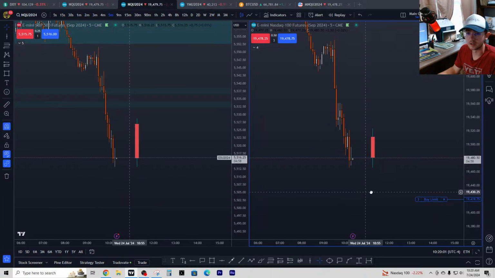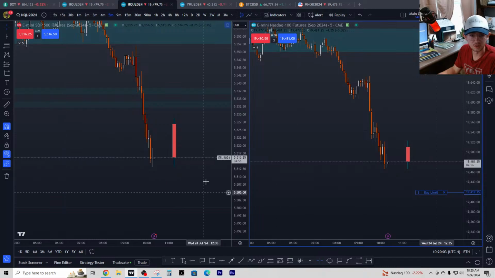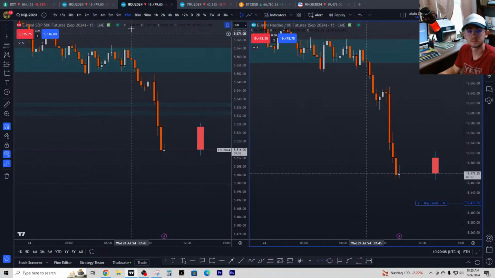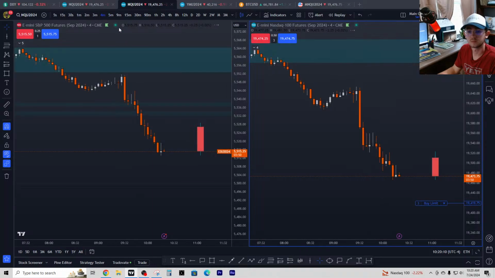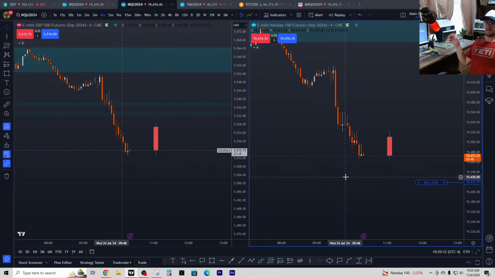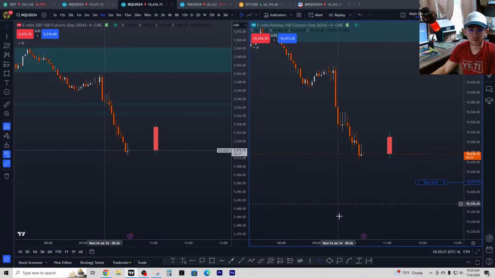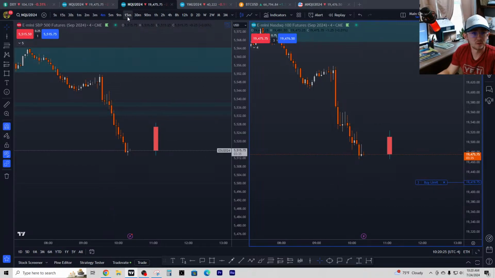You gotta be very cautious in a situation like this. Trying to pick bottoms is hard, but if you see a displacement in price and you got your SMTs, there might be some type of good setup in there.